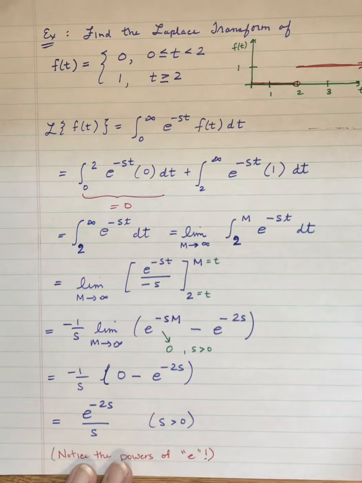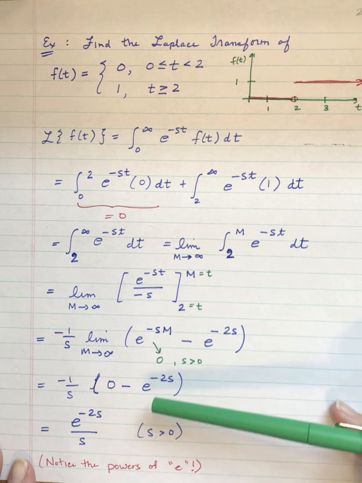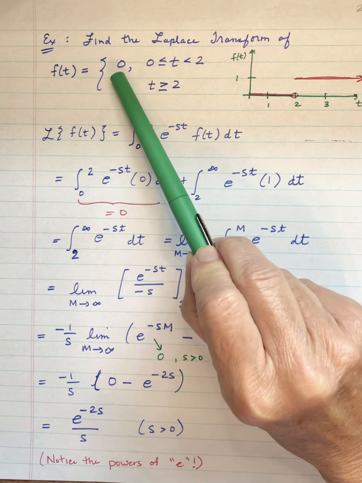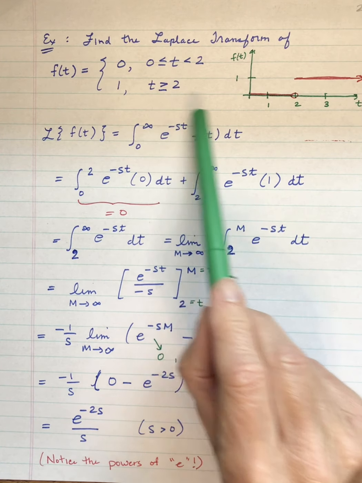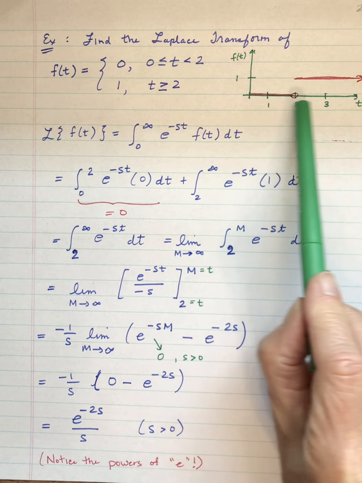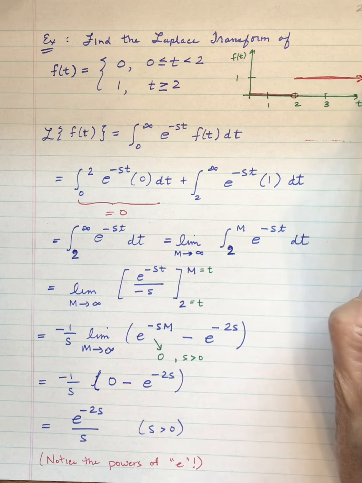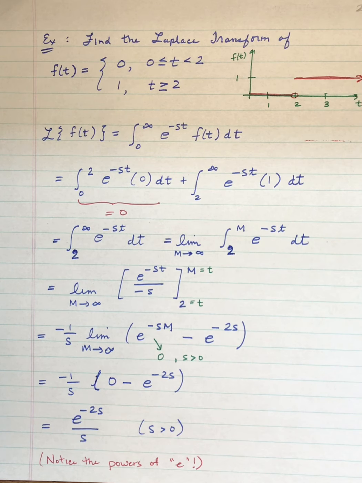Let's take a look at another one. This time we'll change it up just slightly. What if from 0 to 2 it's 0, and then it becomes 1 once you reach 2 and beyond? So it's 0 from 0 to 2, and then it jumps up to 1 for all time after t equals 2.